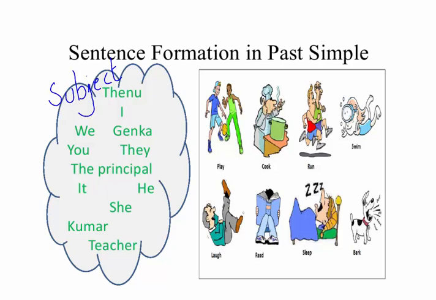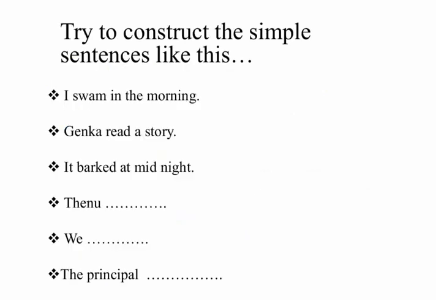Right, good. So you think about the sentences in past simple. The actions are finished in the past. So these are some of the examples. I swam in the morning. Ganga read a story. It barked at midnight.